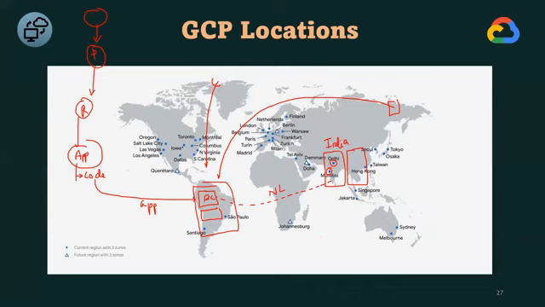Now you got the concept, right? Why they have to create this many locations, regions, and zones. Locations, regions, and zones are mainly for organizing purposes, so that your application or your resources are highly available.